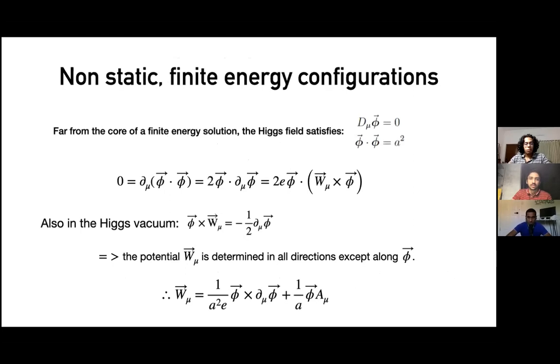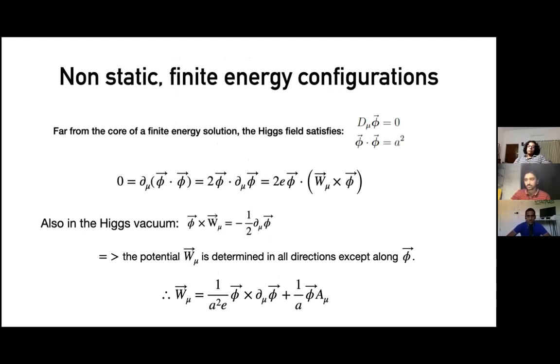Now, let's try and see if we could be a bit more relaxed and ask about non-static finite energy configurations, right? All that analysis with the 't Hooft-Polyakov monopole is great, with the ansatz and finding that in the symmetry breaking sector it defines a monopole, and that's all very interesting.